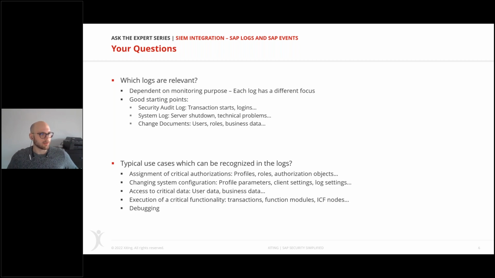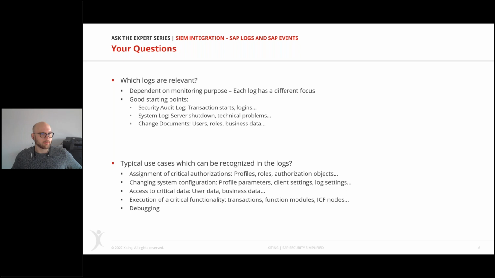I consolidated the questions, so maybe you won't find your question exactly as you handed it in right there. I consolidated them when they were very similar, and I try to answer them in a very general way so that you get as much information and as much know-how as possible.